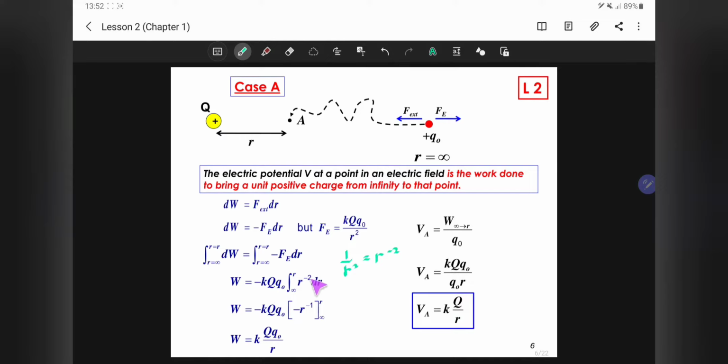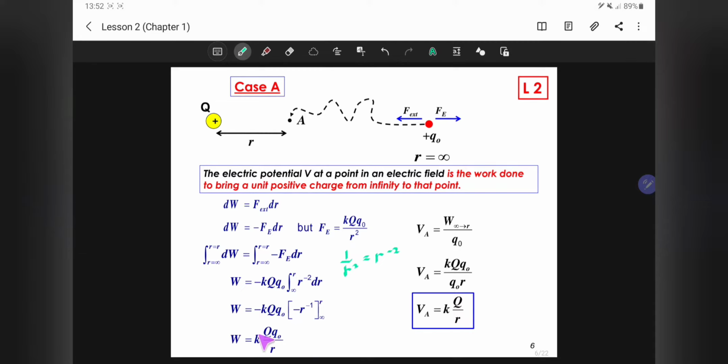By integrating r to the power of negative 2 with respect to r, you will get negative r to the power of negative 1, where the range is now between r and infinity. By substituting r and infinity into this equation, you will get this.